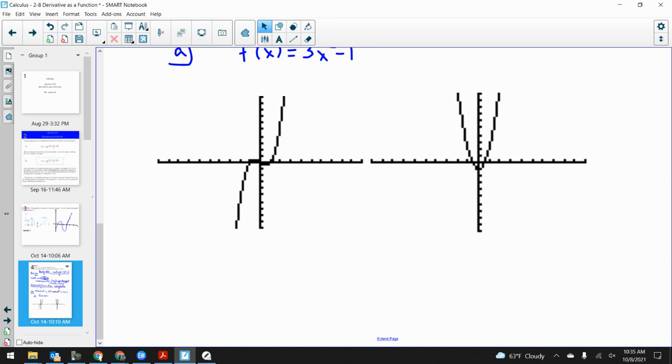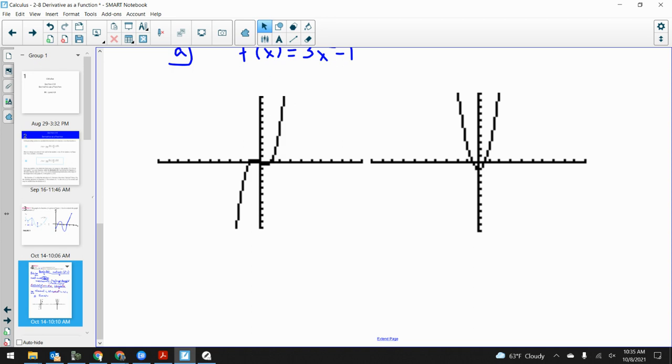So it's positive. Now, it's above the x-axis. It's below the x-axis. It's above the x-axis. Where is it going through the x-axis? There and there. The maximum and minimum values of the function are the zeros of the derivative.